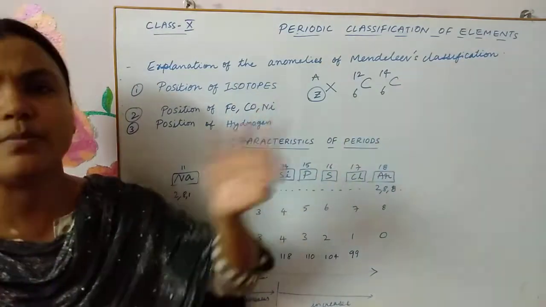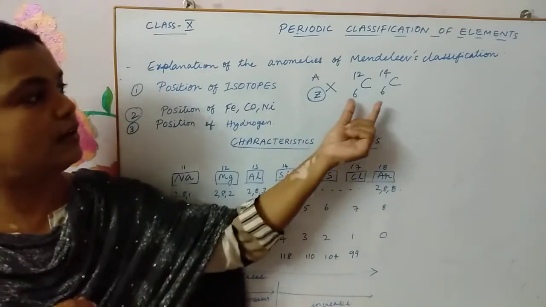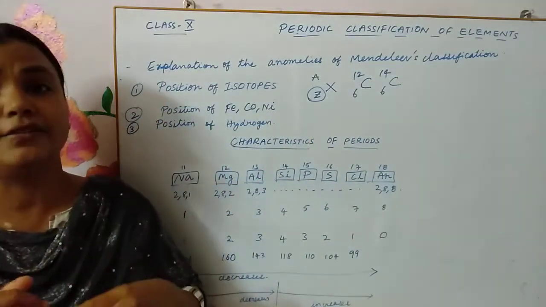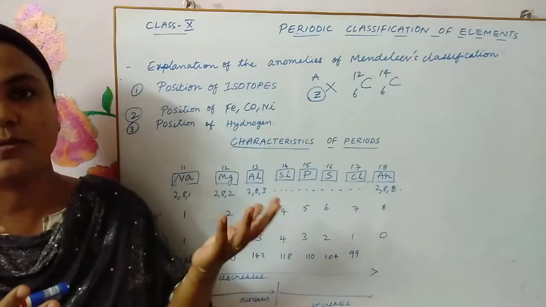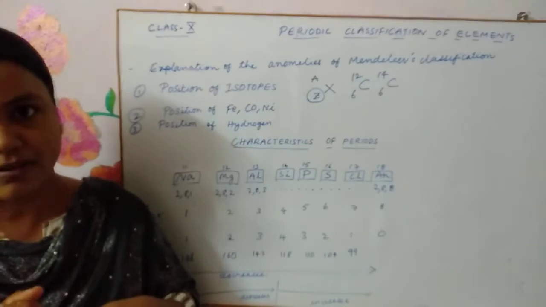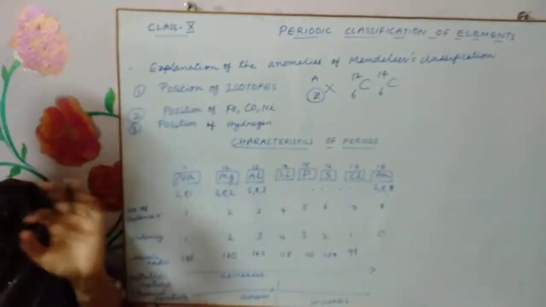So both are carbons only. Because of the difference in atomic mass, according to Mendeleev, they should be given a different position in the table, because they have different mass. That he could not explain.